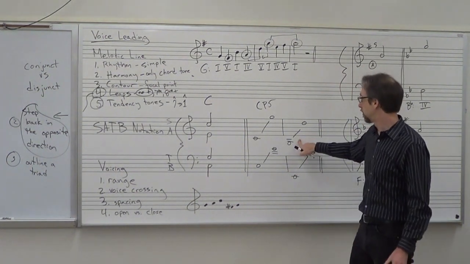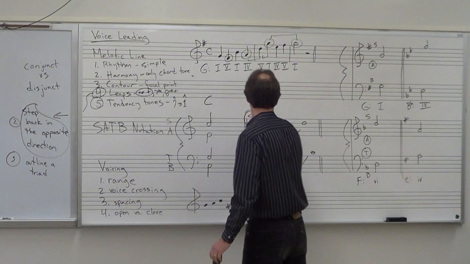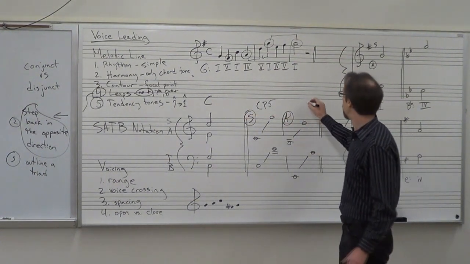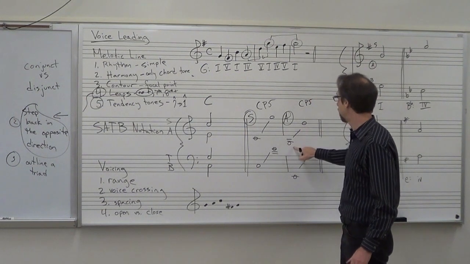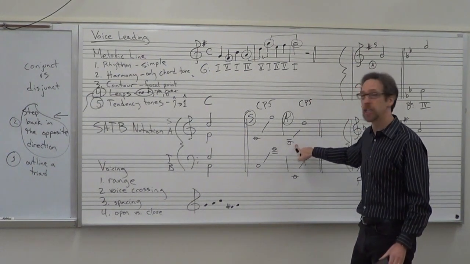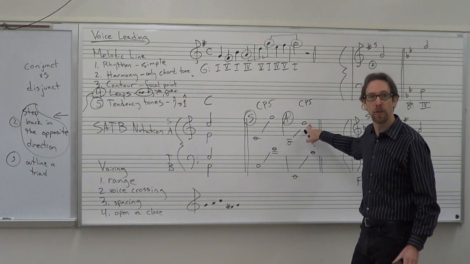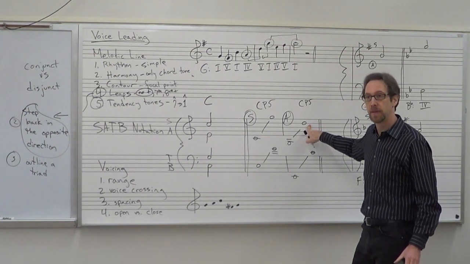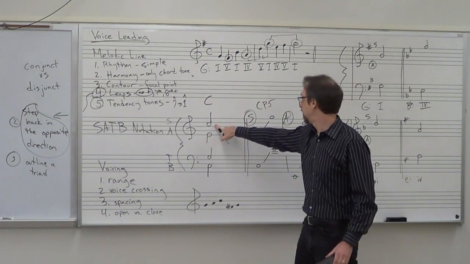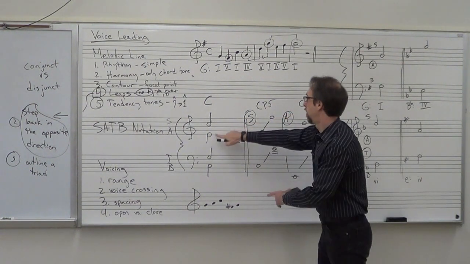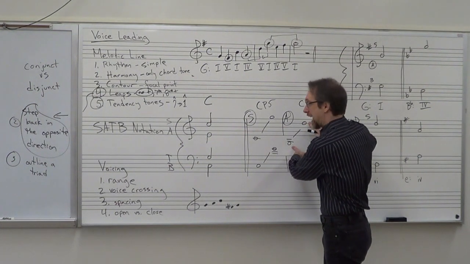For your altos, again, so this is sopranos, this is altos. For altos, it's also a compound perfect fifth, same interval, but here it's G to D. G, 2 ledger lines below the staff, to D, 4th line. You'll notice that this is in the range of the soprano. This is in the range of the alto.